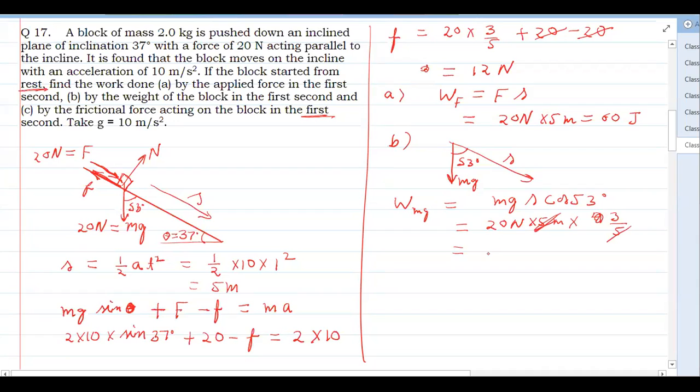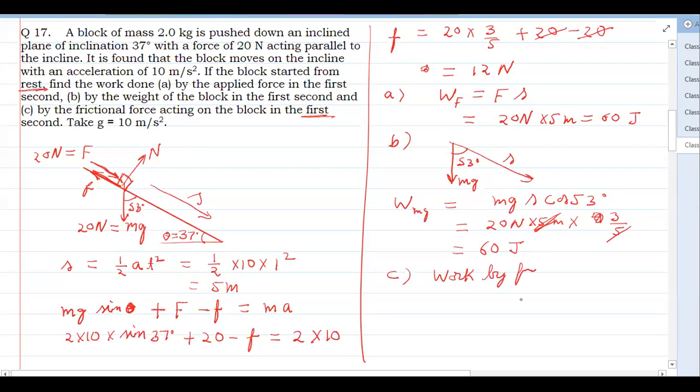Third is the work done by friction. Friction is acting upward, displacement is downward, so they are in opposite directions.